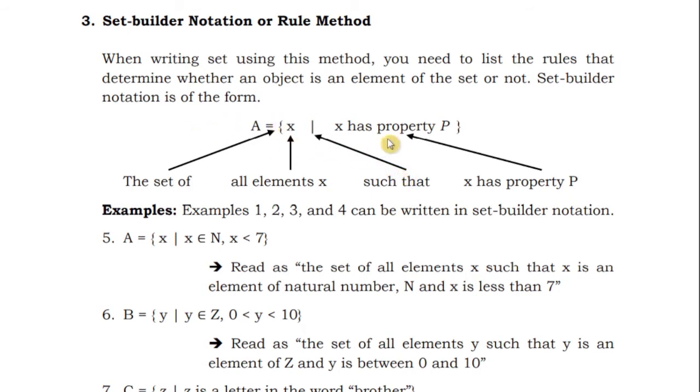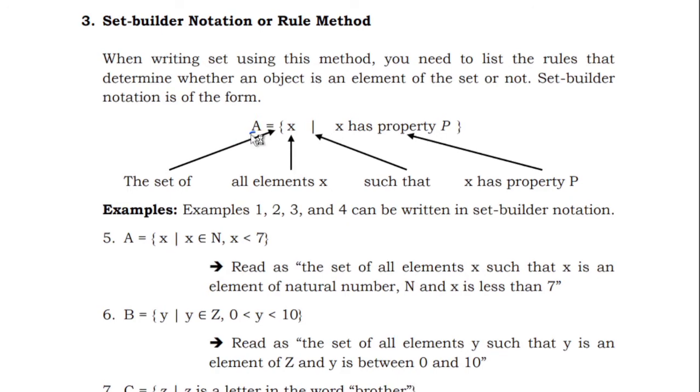Here we have a given set, capital letter A: set A is equal to the set of all x such that x has the given property P.